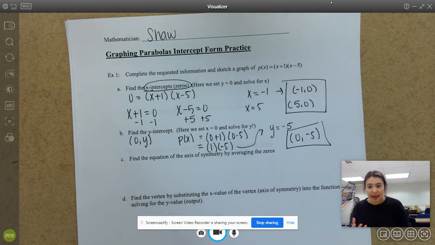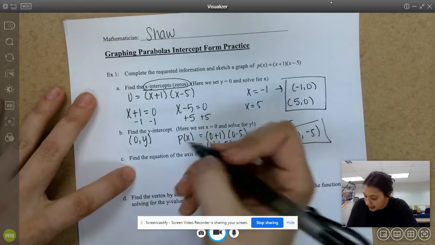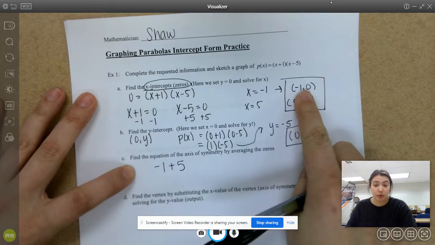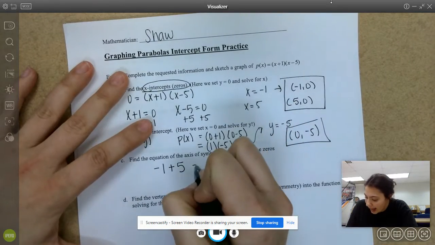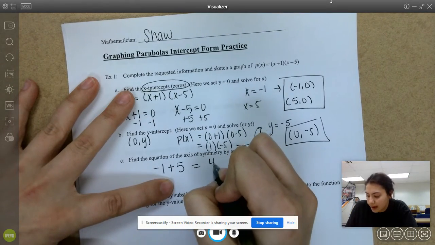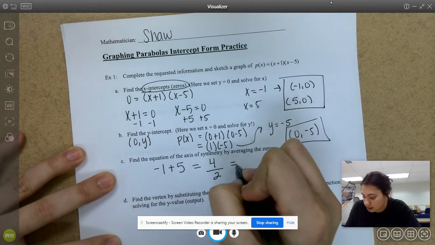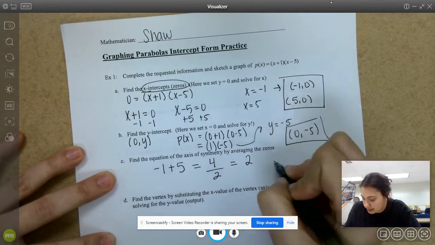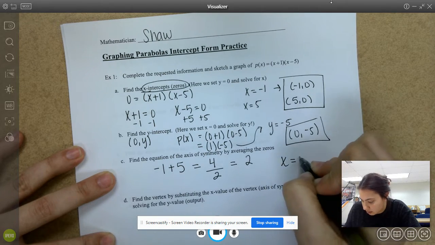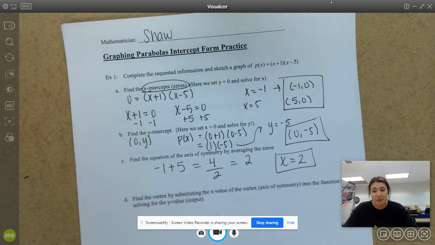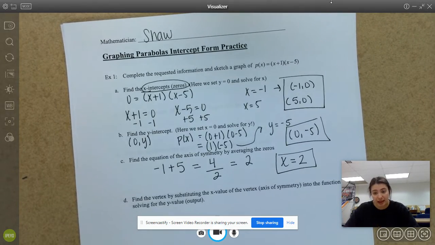So we take the zeros, negative 1 and positive 5, which we found in part A, and add them together, which becomes positive 4. By averaging, we cut them in half, so we divide by 2. Our axis of symmetry is x equal to positive 2. Remember, we want to make sure that's an equation of a line.